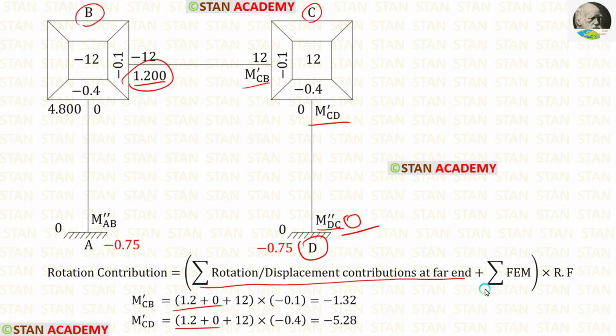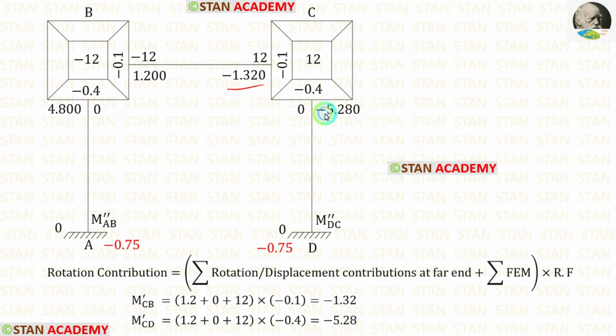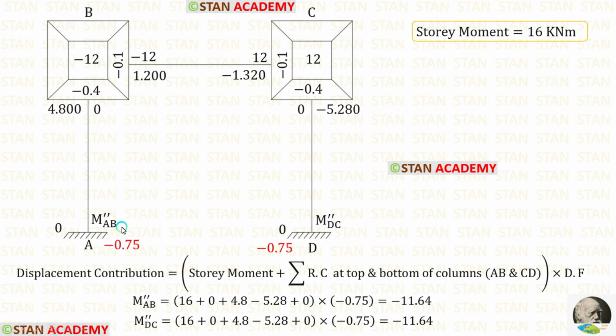The summation of fixed end moments is 12. The rotation factor for CB is minus 0.1 and for CD is minus 0.4. After the calculation for M dash CB we are getting minus 1.32 and for M dash CD we are getting minus 5.28. Let us enter them.